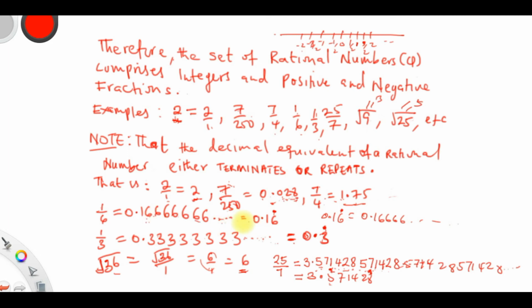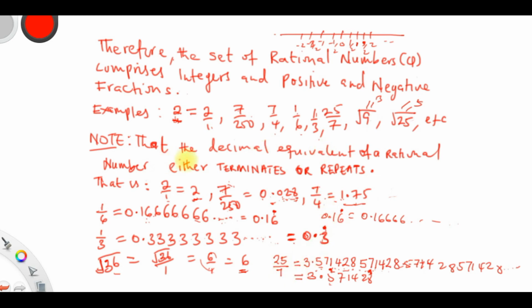It's recurring. 1 over 3 and 1 over 6 are recurring decimals, meaning the decimal equivalent of each fraction recurs or repeats. And this one too, 25 over 7, also repeats.